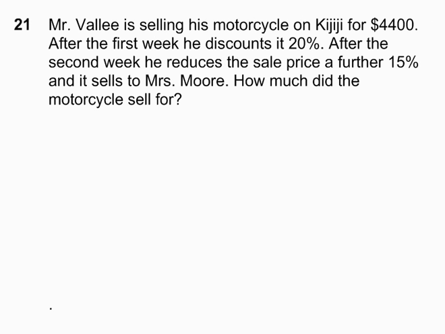And the last question, Mr. Vallee is selling his motorcycle on Kijiji for $4,400. After the first week, he discounts at 20%, and after the second week, he reduces the sale price a further 15%, and he sells it to Mrs. Moore. How much did the motorcycle sell for? Well, 20% of the $4,400 price will be, well, 10% is $440, so 20% would be double that, $880.